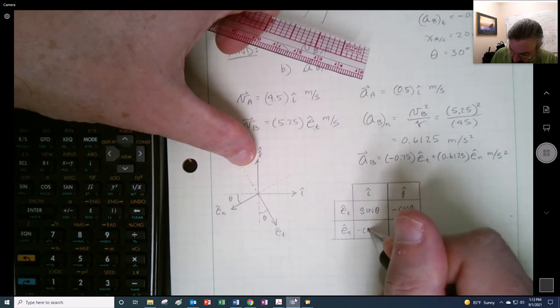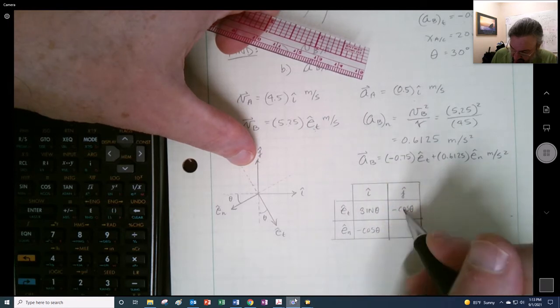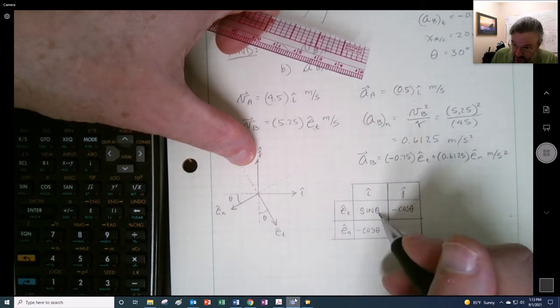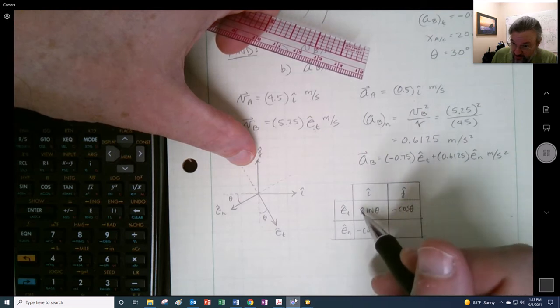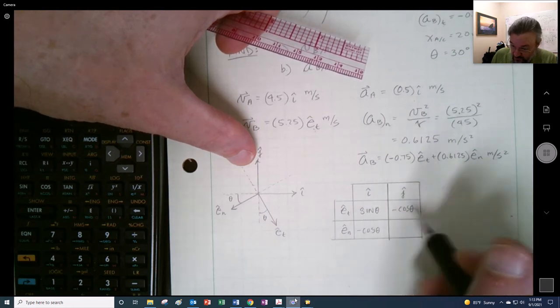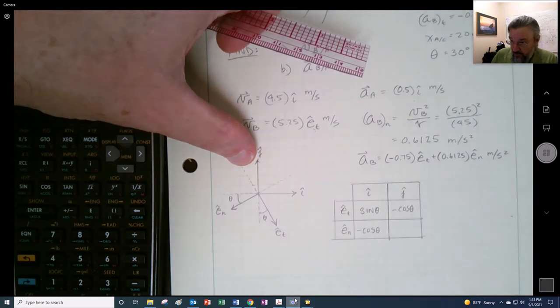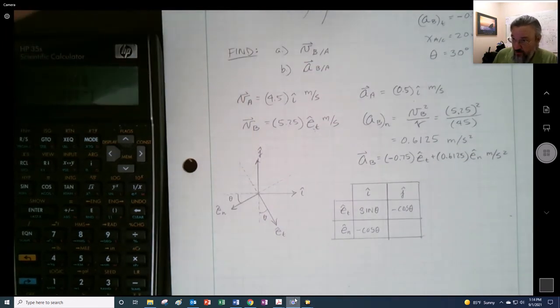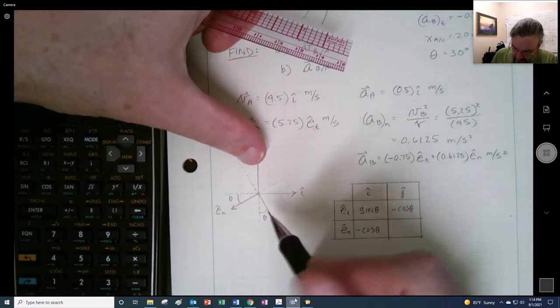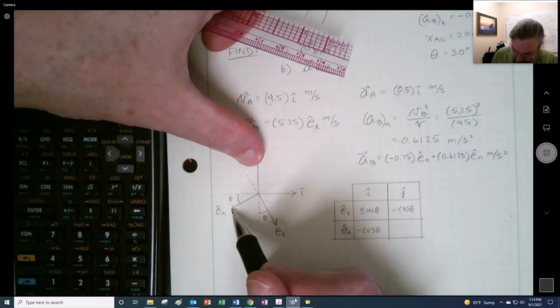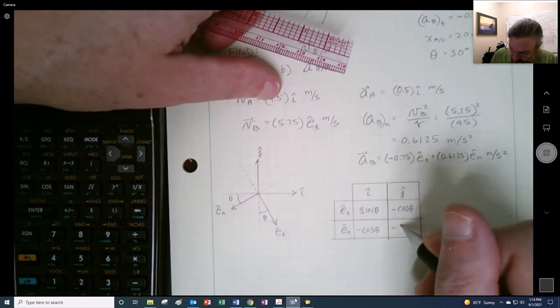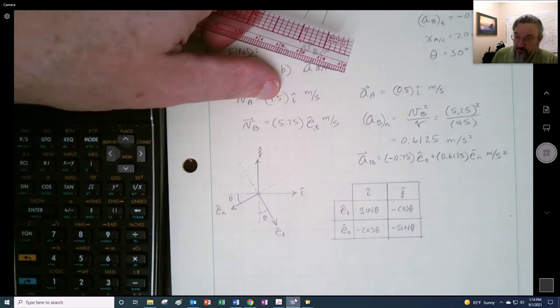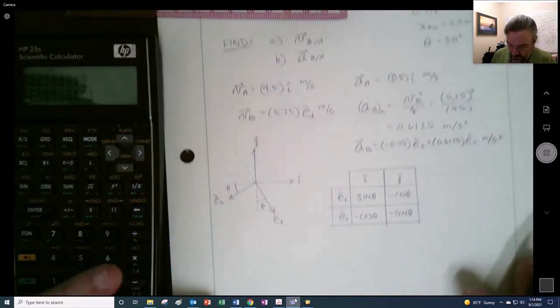So negative cosine theta. And it makes sense that they're opposite from each other. This should be sine, and we're predicting that it should be negative as well, because only one of them can be positive, or the other way around, only one of them is negative, right? So 3 of them are one way and one of them is the other. So let's look here. The EN, sure enough, is going in the negative J direction, and it's going to be sine, so as predicted.